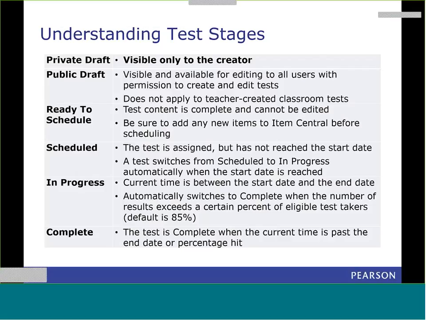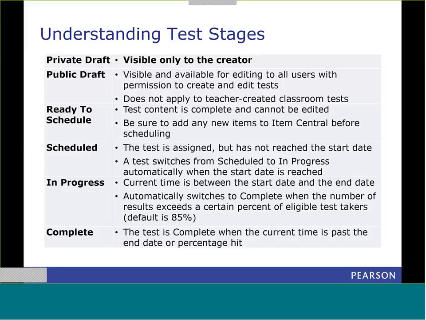Depending on the assessment you created in part 1, you would have had your test in private draft. Some users, depending on the category of test that you're creating, if you created a common assessment, which means you could share it with other teachers in your school, you may have moved it into the public draft stage.